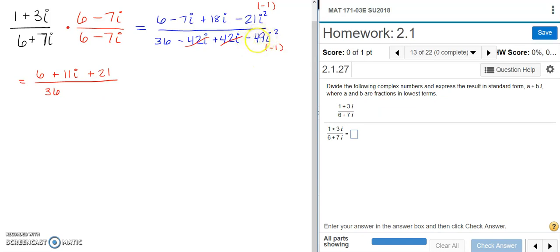And then negative 49 times negative 1 is positive 49. So 6 plus 21 is 27 plus 11i over 85. Ooh, I hope I did that right.